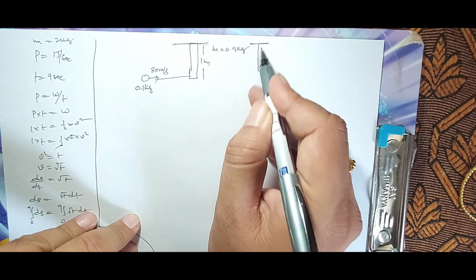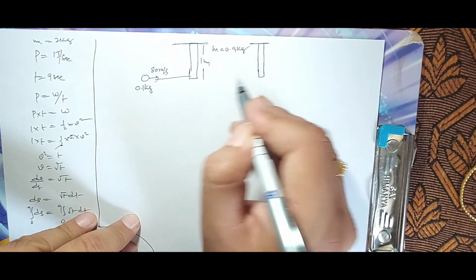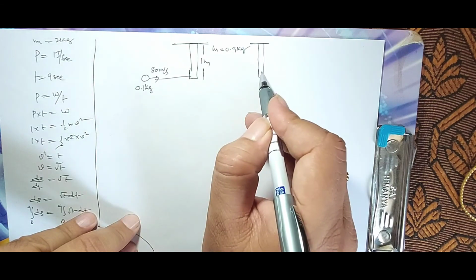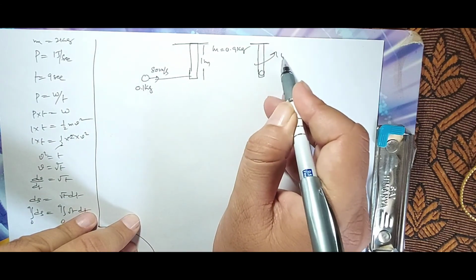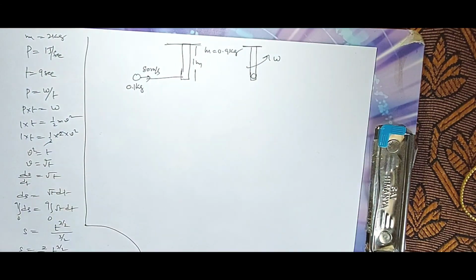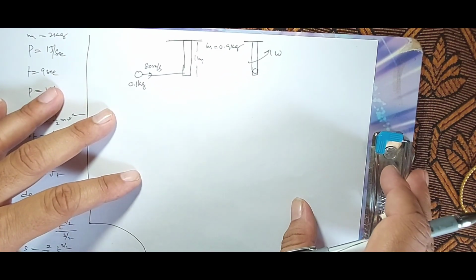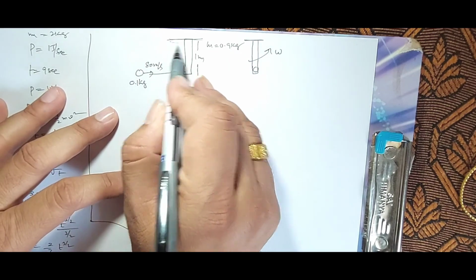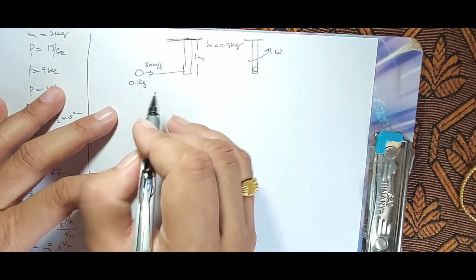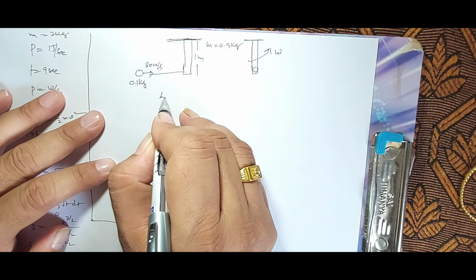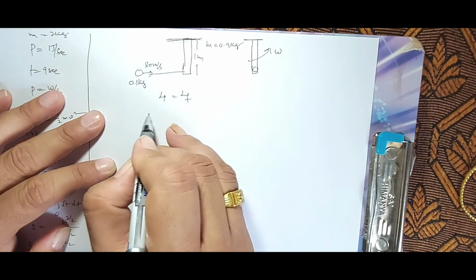After collision, what happens? This particle sticks to the rod, and both are moving with the same angular speed. So the angular momentum is conserved about the hinge. So L initial is equal to L final.